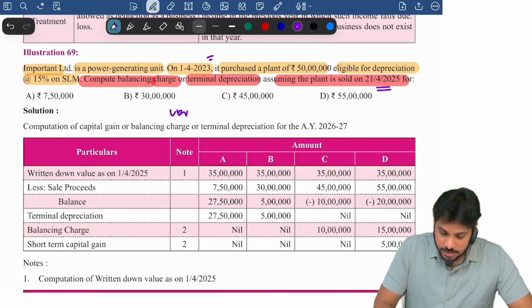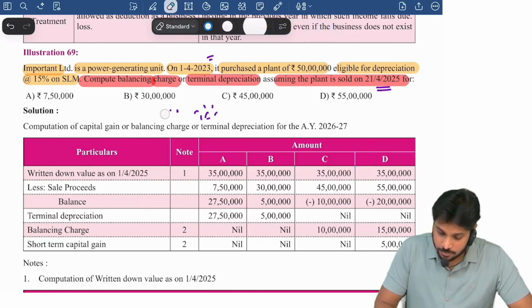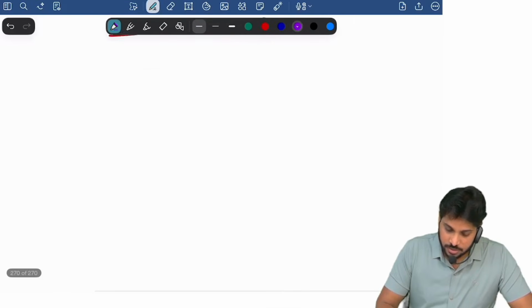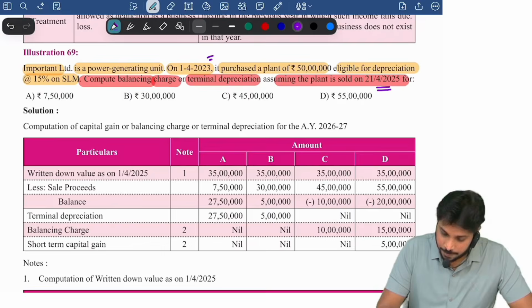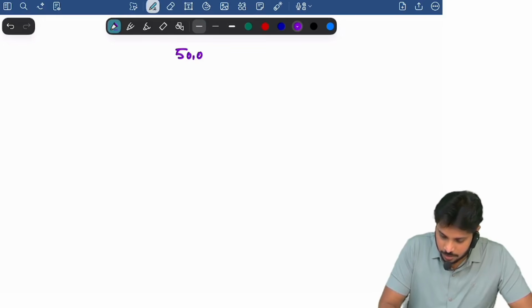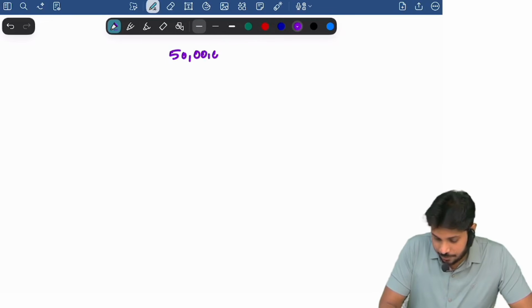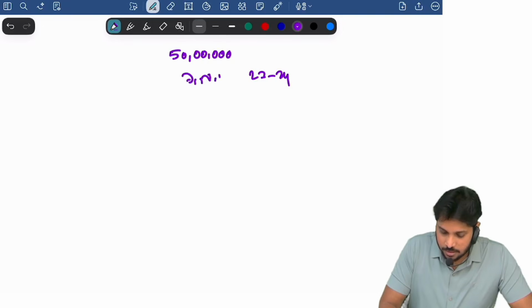So what is the WDV value on 31st March 2024? What is the WDV value on 1st April 2024? What is the depreciation? 50 lakh. Now 23-24, 15%, 7 lakh 50,000.